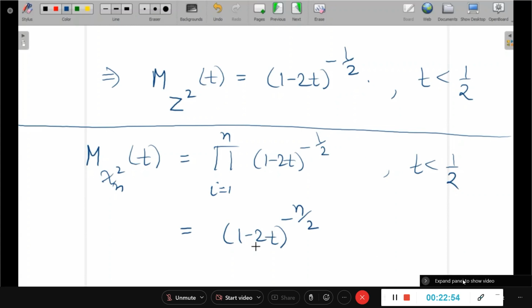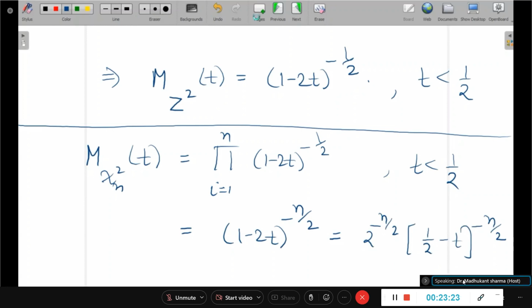Now, if you try to write it, this 2 is out, let's say 2 is out. So 2 to the power minus n by 2, you have 1 by 2 minus t to the power minus n by 2.